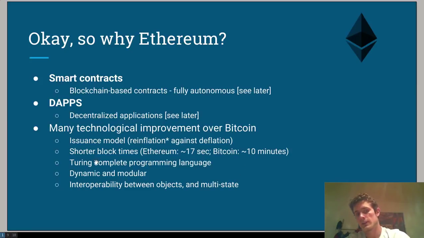So the fact that it's Turing complete is really nice, but what's really important is that you can actually hold multiple states. We'll see why later, but that is just a keyword that you can maybe keep in mind.